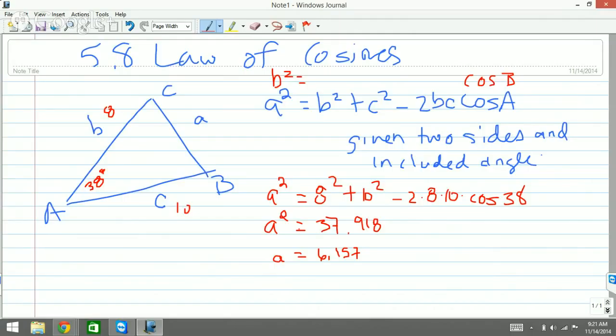So I can build this: A squared plus C squared minus 2AC cosine B. It's the same philosophy. You're given two sides, A and C, and the angle between them. It's the same formula, just written differently. So if you can use it, you're good to go.